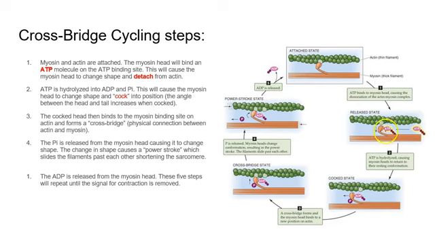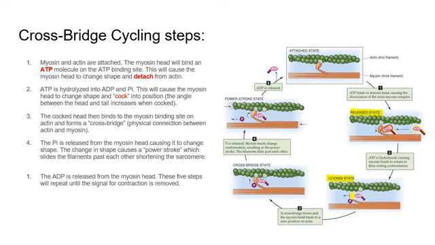So when you see there is no attachment between actin and myosin, and you can find the ATP molecule bound to the myosin head, that would be the released state. Then the next state is the cocked state. As you can see, the ATP has been hydrolyzed, and now we have ADP and Pi connected to the myosin head. So the ATP is hydrolyzed into ADP and Pi.